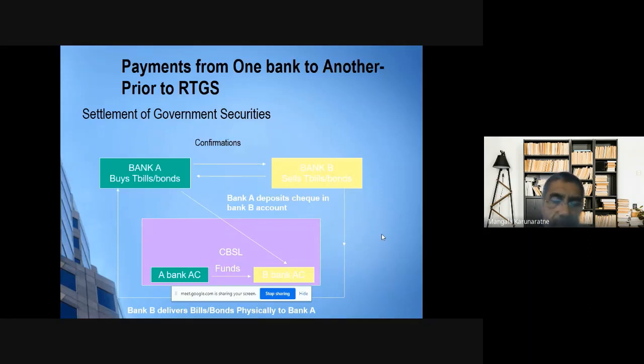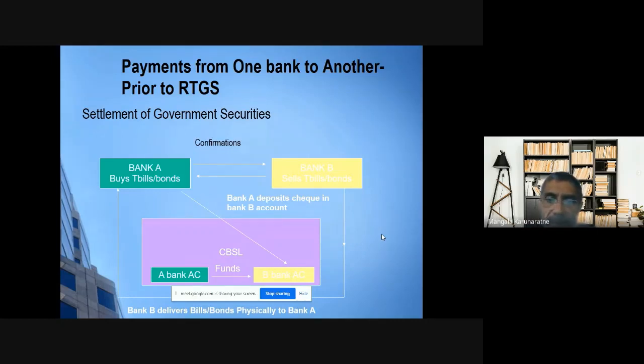So confirmations, the settlement of government securities. Bank A buys treasury bills or bonds from Bank B, right? Bank B sells. So confirmations will be exchanged. Now, of course, we mostly use Swift confirmations, but those days those were letters only, right?